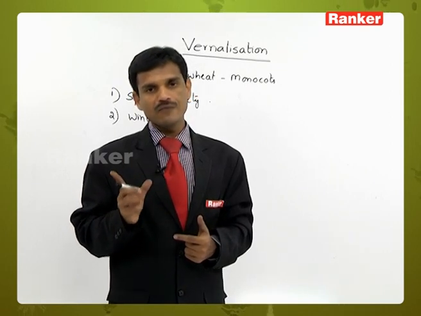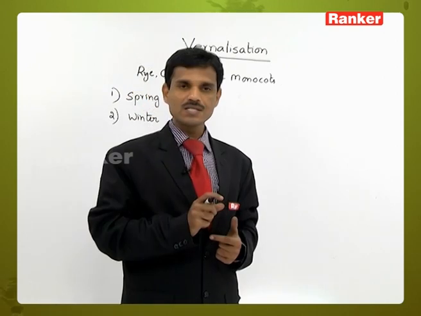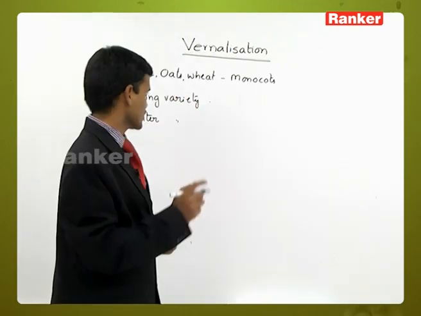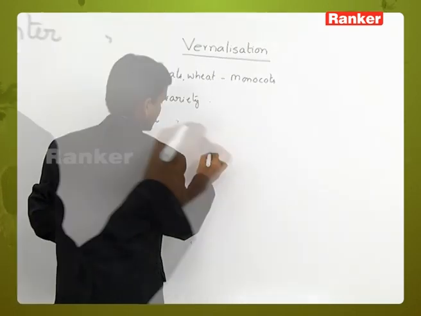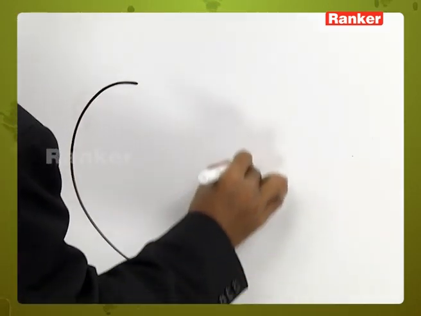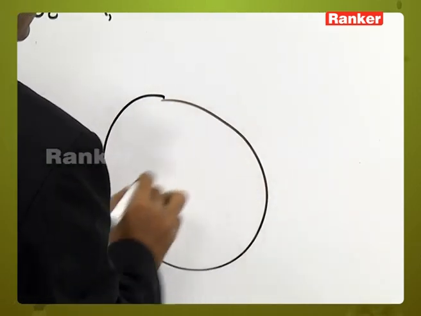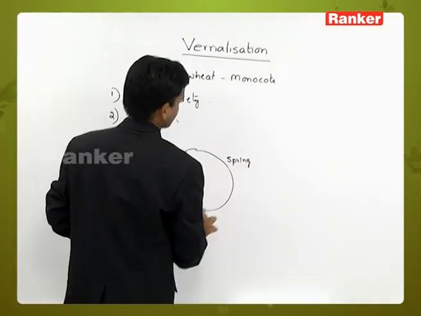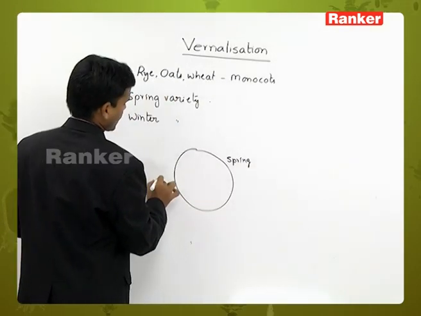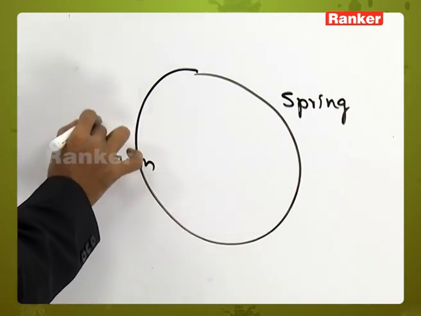But when winter varieties are planted in the summer season or spring season, for example, here it is spring season, autumn season, or winter.